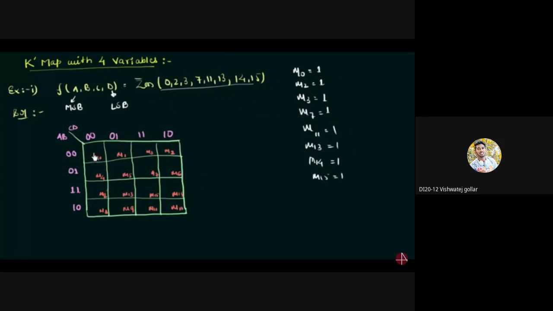So I'm just filling them. 4 is 0, 5 is 0, 6 is 0, 7 is 1, 8 is 0, 9 is 0, 10 is 0, 11 is 1, 12 is 0, 13 is 1, 14 is 1 and 15 is 1. Okay, so we have filled all the ones.